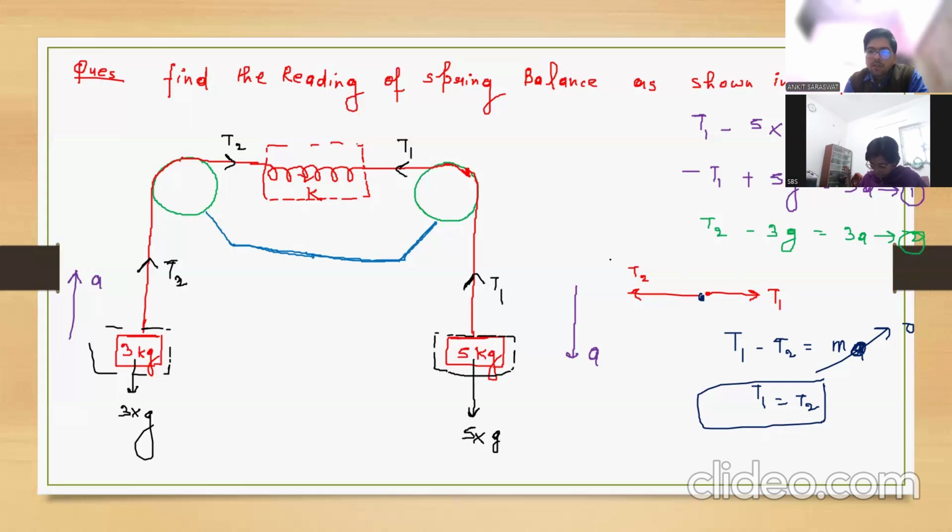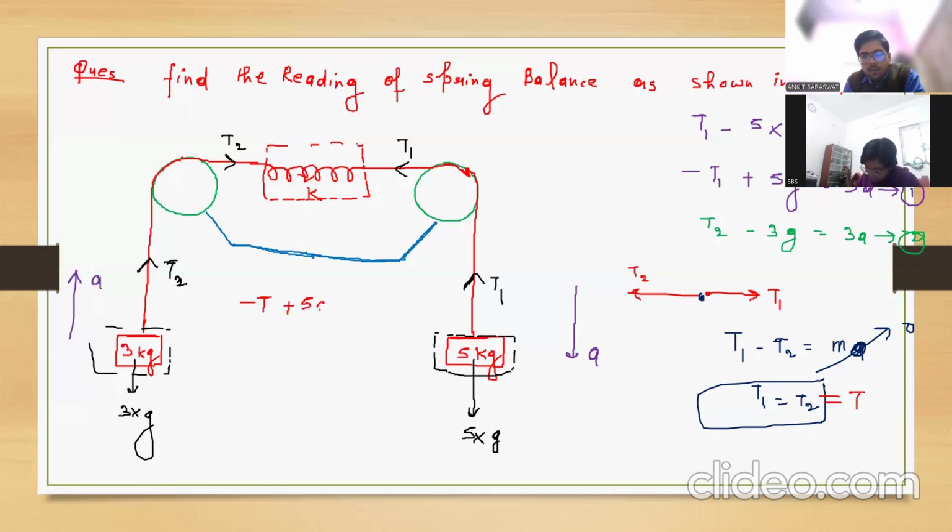Now if T1 is equal to T2, then what will happen? Can you please tell me, what is the value of A? Please solve this equation. Step by step we are going. Minus T1, T1 equal to T2. So I can write T1 is equal to T2 is equal to, I just assume this is T. Clear?